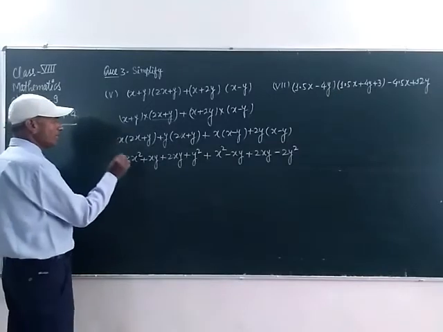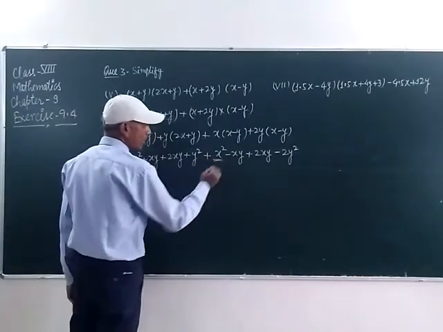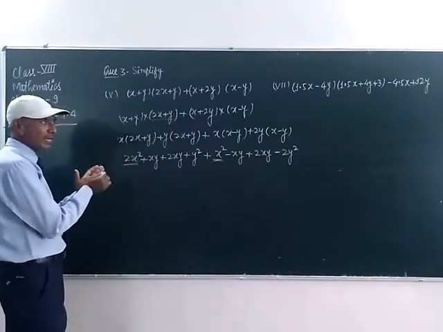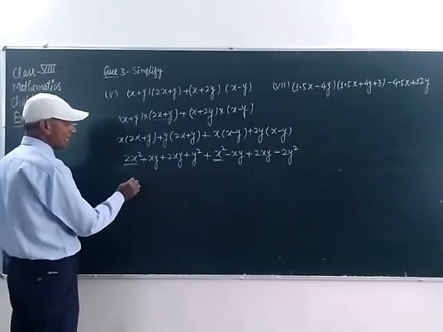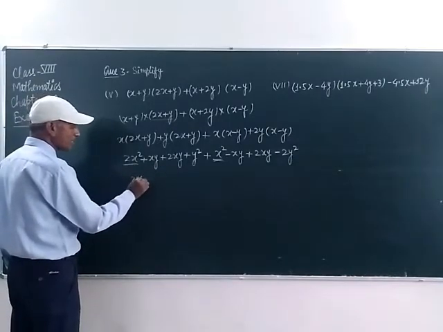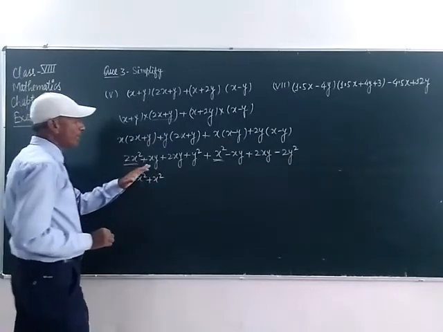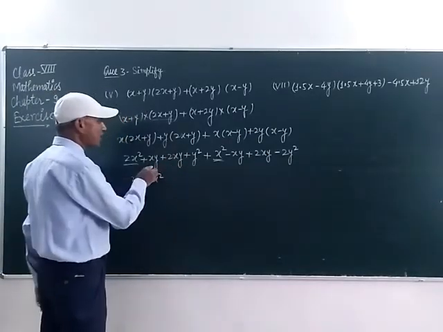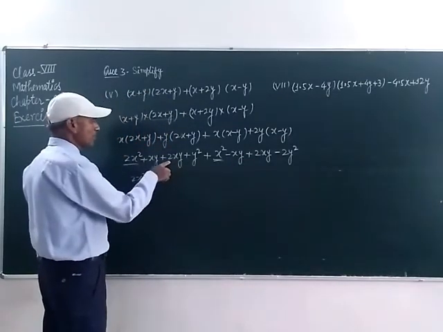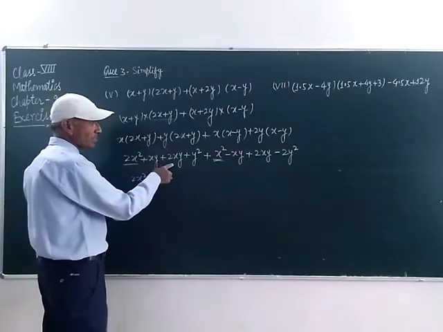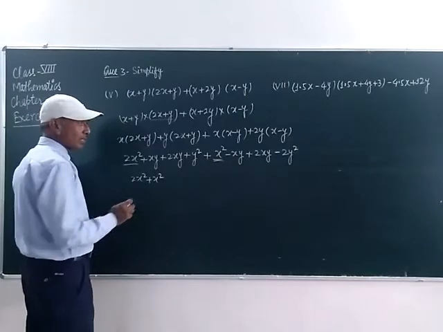Now in this student, this one 2x² and this one x². So we have to write the like terms with each other. So 2x² plus x², this one, and in this student xy plus 2xy plus 2xy and minus xy. Clear student?